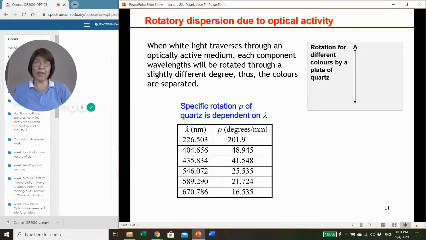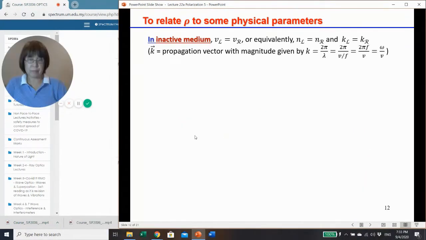For the shorter wavelength, the specific rotation is larger. For longer wavelength, it is smaller. So you can guess, red will be rotated less, and then come yellow, green, blue, and violet, because violet is of the shortest wavelength.